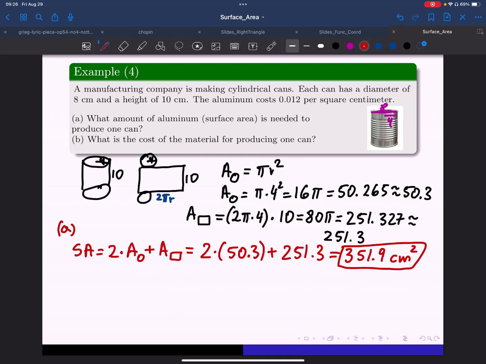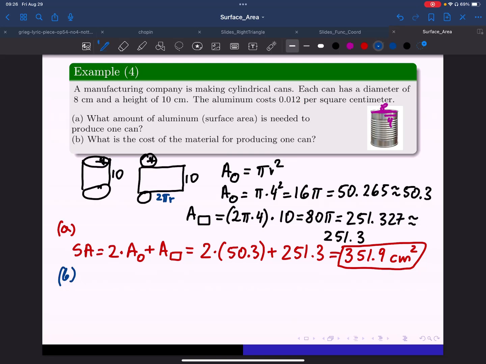And for part B, we would like to calculate the cost of the material for producing 1 can. So the cost is we multiply the surface area times the cost per square centimeter, right?